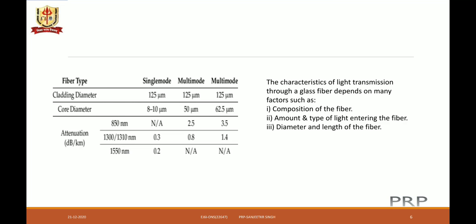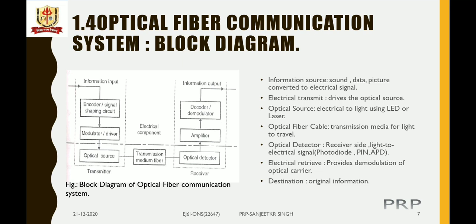Such light pulses will be traveling along the length and attenuation will be taking place within the length of the fiber. So that's why this is one of the factors.